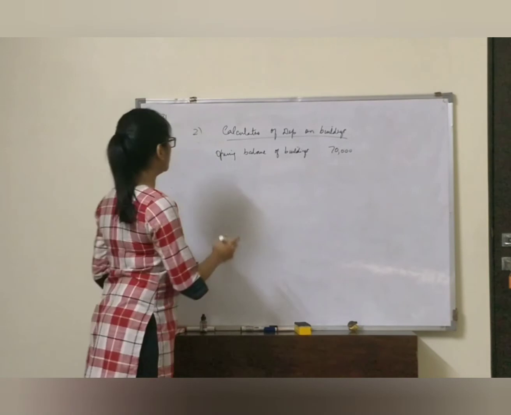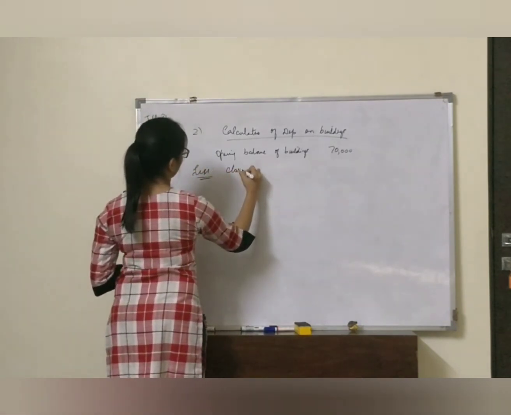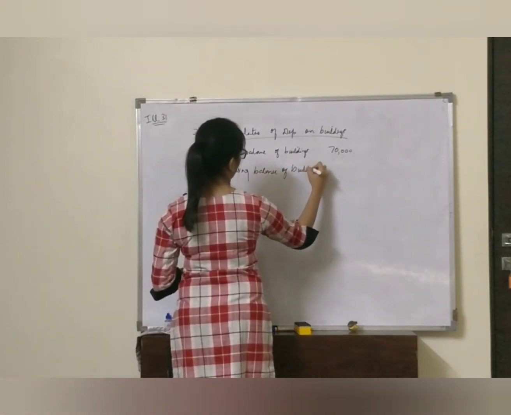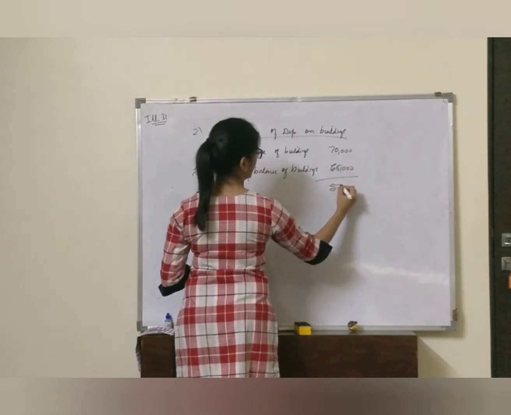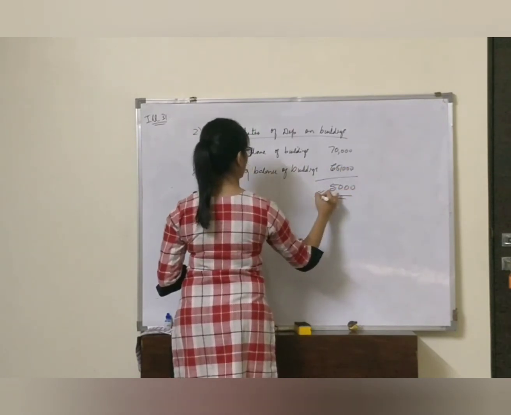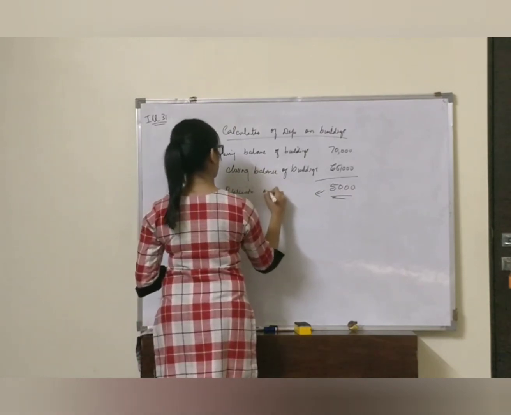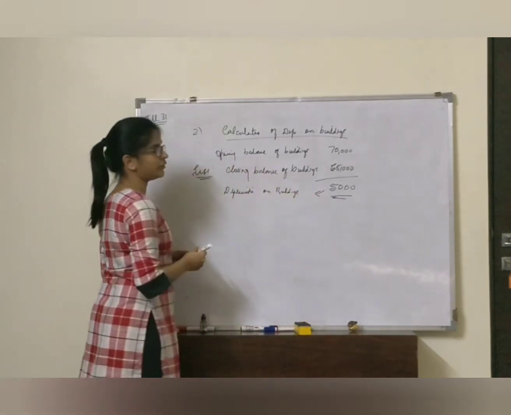No. All we have is a closing balance. So less closing balance of buildings. It is 65,000. So what do we get? 5,000. 5,000 will be a depreciation on buildings, which will be written in an income and expenditure account.